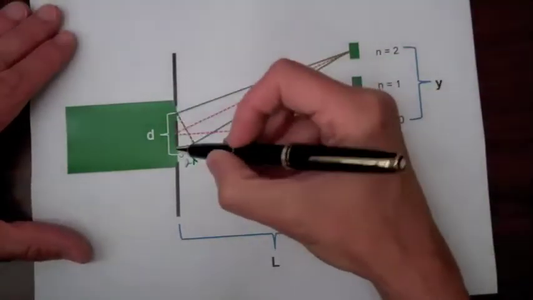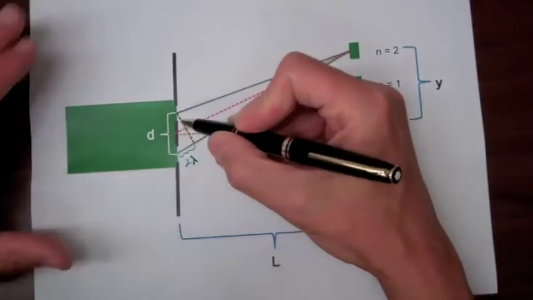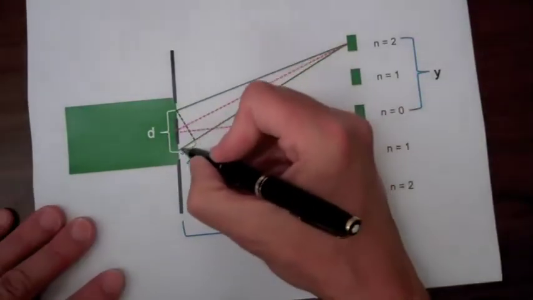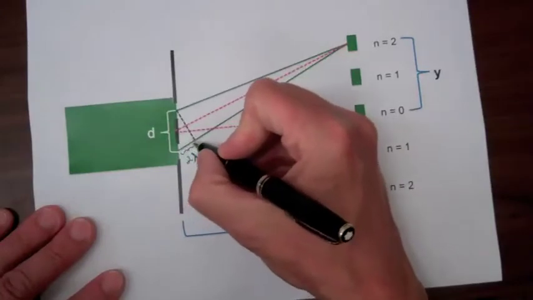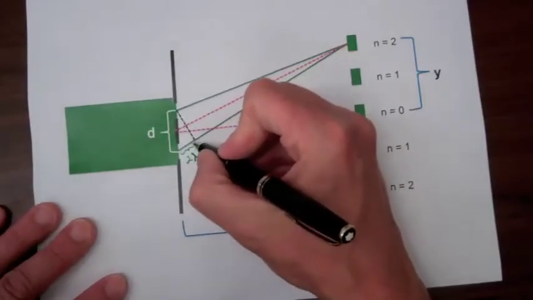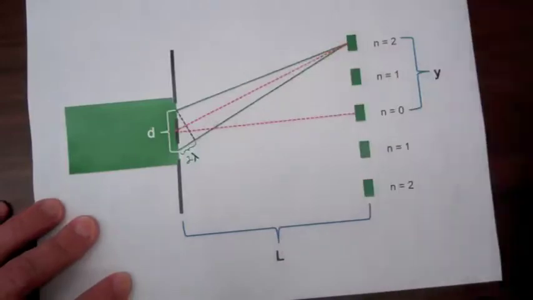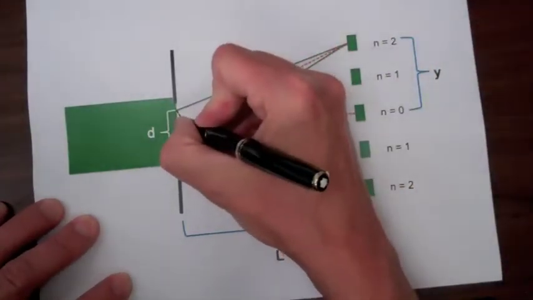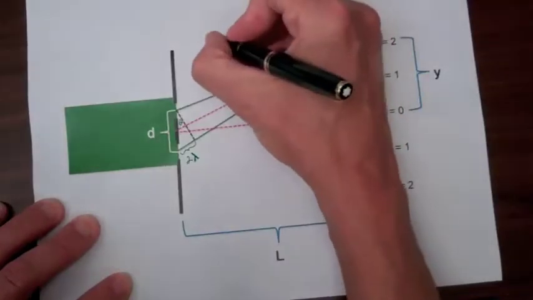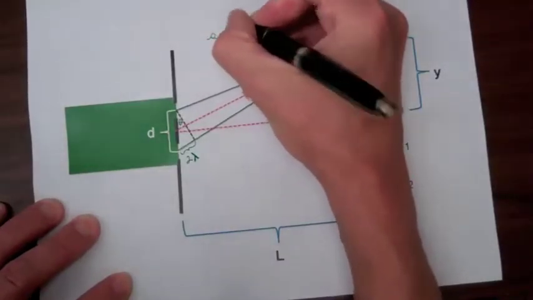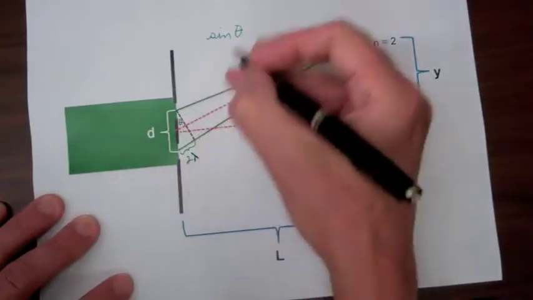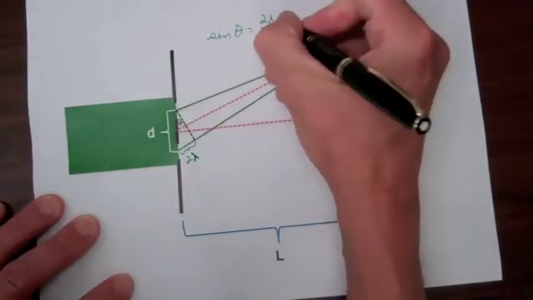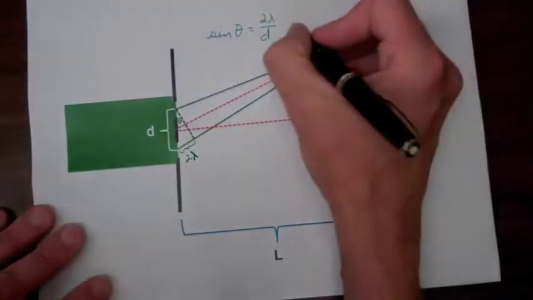Okay, so let's look at this right triangle here where the hypotenuse is the spacing between the slits, and this length here is the path difference, n lambda, or 2 lambda for this specific case. We're going to call this angle theta here. So the sine of theta is going to be 2 lambda over our hypotenuse d, or n lambda over d.